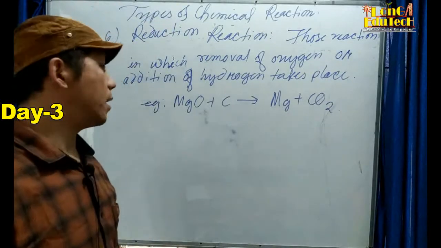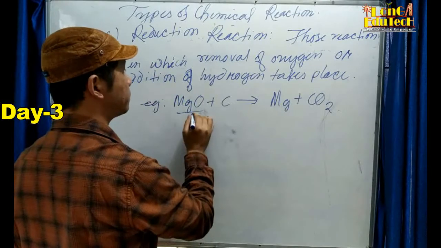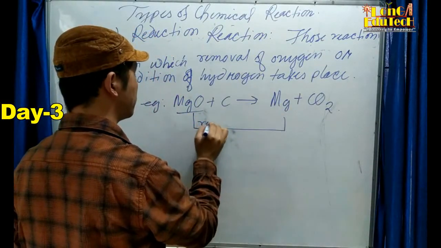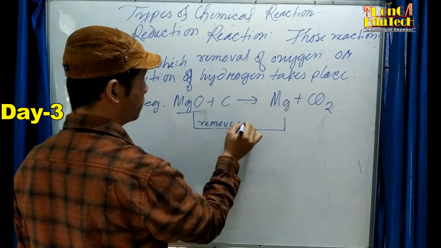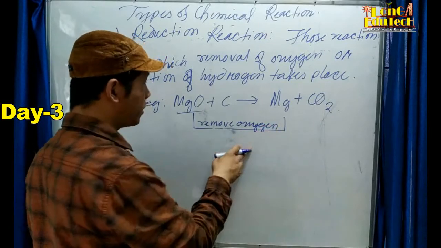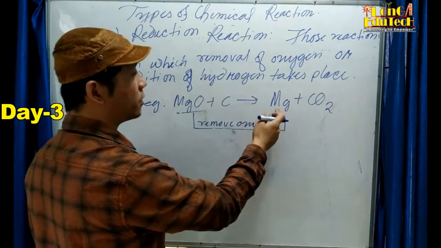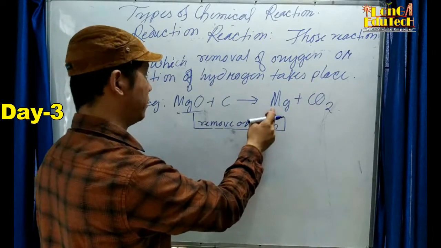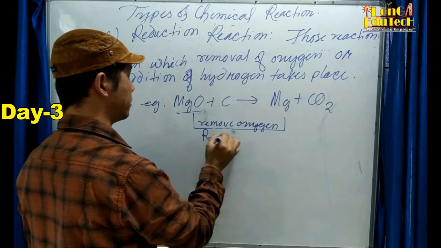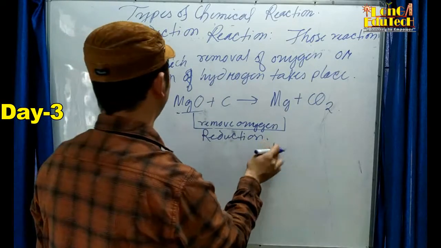So this is reduction. How is it reduction? Here, magnesium oxide gets reduced, because it removes oxygen. Magnesium loses oxygen and gets reduced to magnesium, right? So oxygen is removed. So this is the reduction. Reduction takes place here.